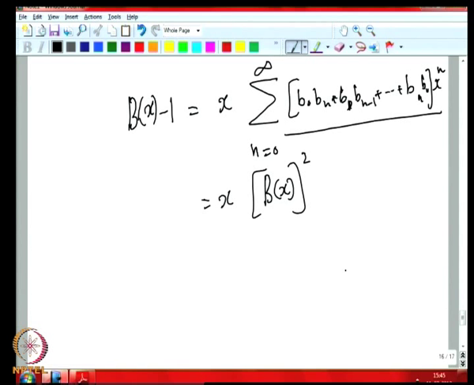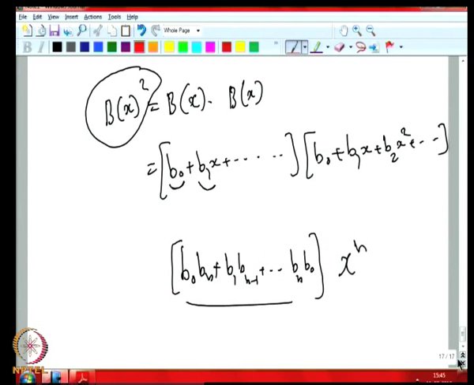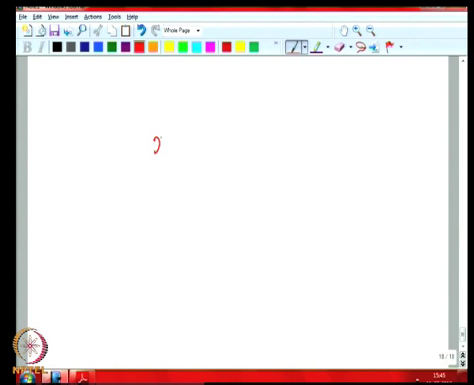Again we repeat, we get b of x minus 1 equal to x into b of x square. Now we can rearrange it, we pull it to the other side. So that is x into b of x whole square minus b of x plus 1.